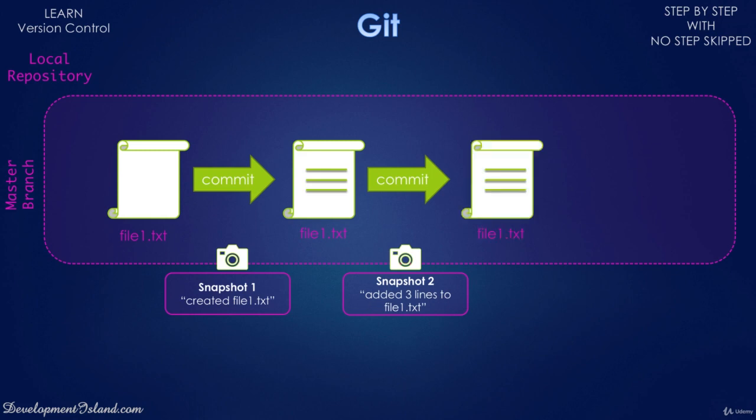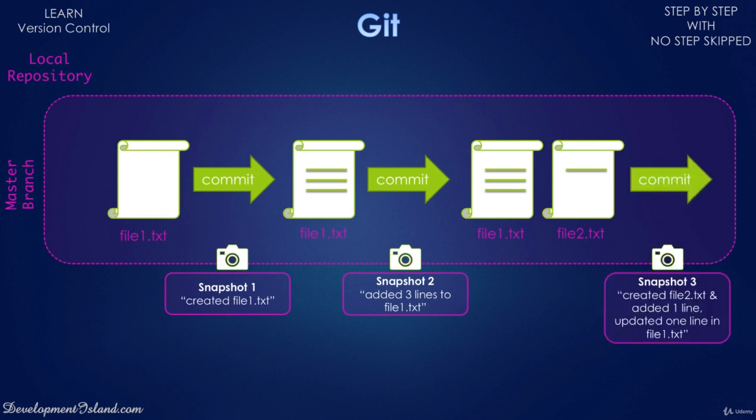Now let's make some further changes. So here we're going to change that line and we're going to add 1 extra file, and we're going to be committing and saying we created that file, added 1 line to it, and updated the last line in file 1.